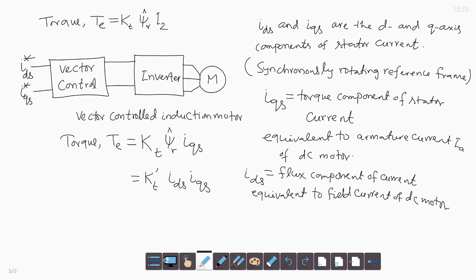So, IQS is equivalent to IA and IDS is equivalent to IF of DC motor.